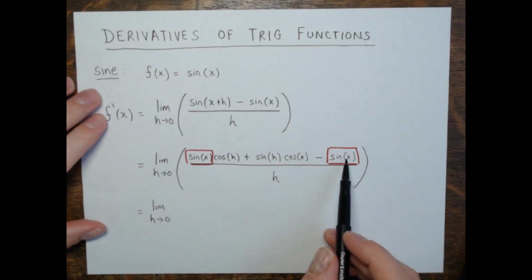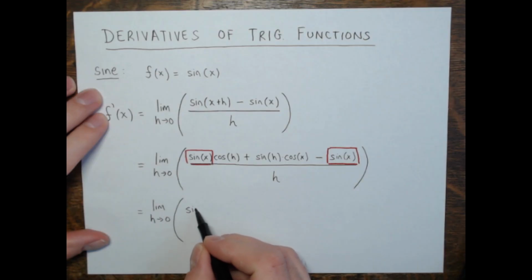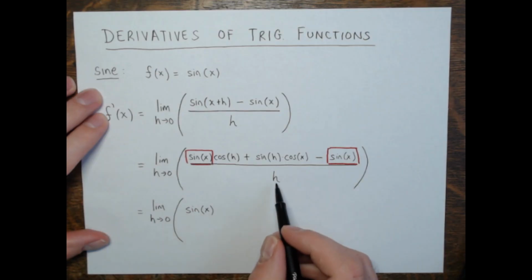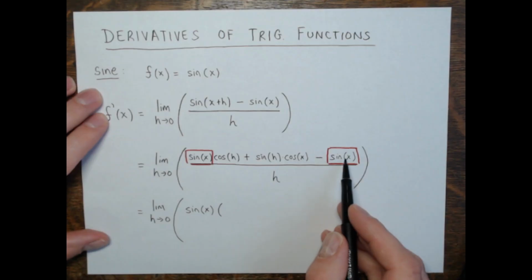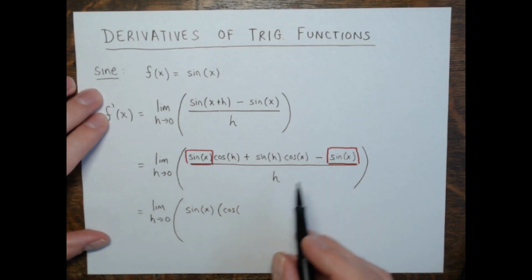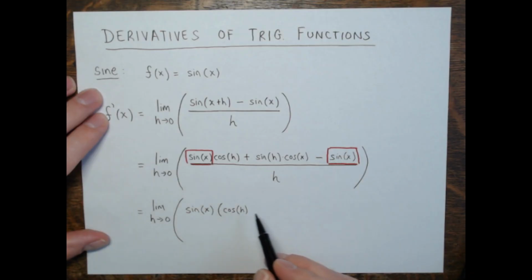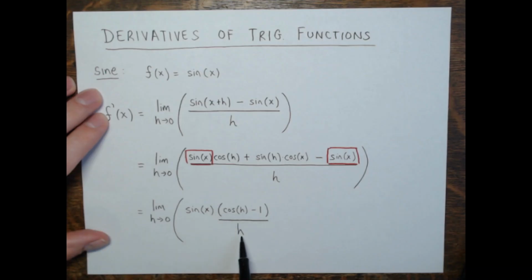So I'm going to group these two terms and factor the sine of x out, and what remains is the cosine of h minus 1. Everything up here is getting divided by h, so I can do this. That's the first two terms, all divided by h, but I'm going to put it under this factor here.